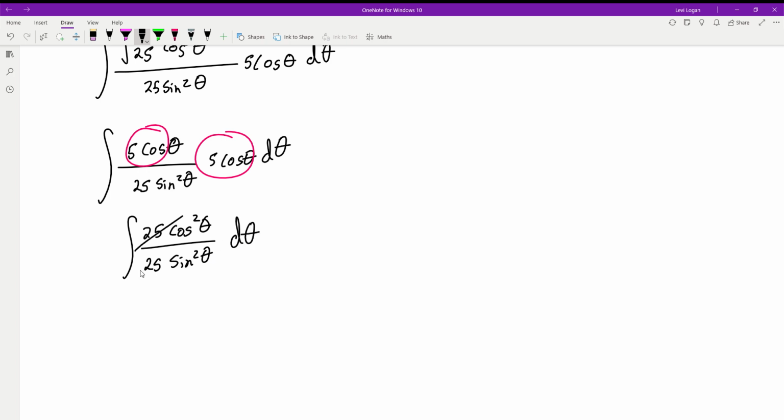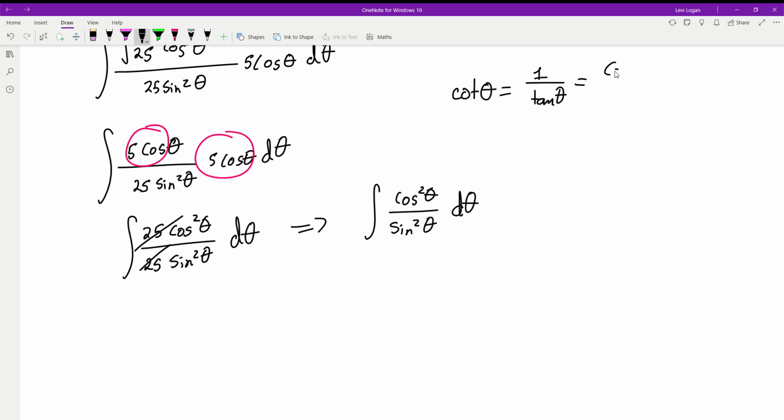We can see the 25's cancel, so you're left with the integral of cos squared theta on sine squared theta d theta. And if you remember, cot theta is 1 over tan theta, otherwise known as cos theta on sine theta. So what we have here is just the integral of cot squared theta d theta.